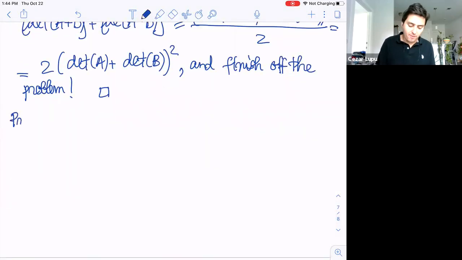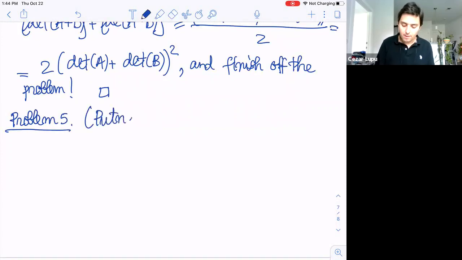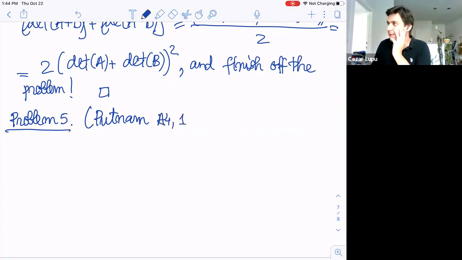And now problem 5. This is a Putnam problem, I think it was A4 or A5, I don't recall exactly, in 1994. Definitely wasn't one of the easy Putnam problems.